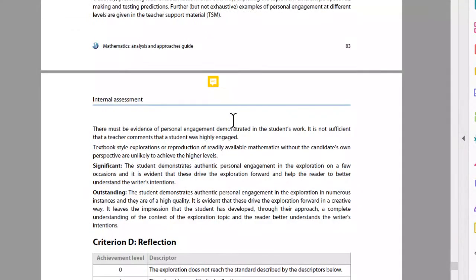Personal engagement means thinking, presenting mathematical ideas in their own way. These are just formulas that were given from outside sources, from different perspectives. Engagement also includes making and testing predictions.